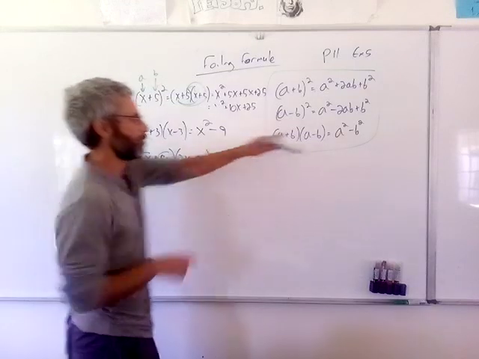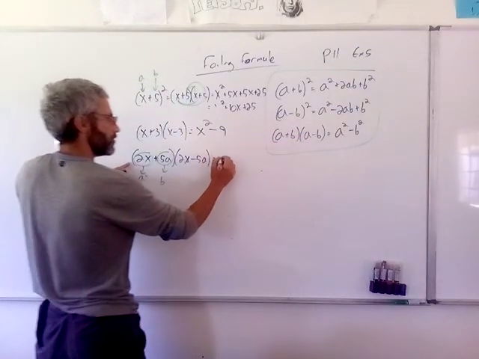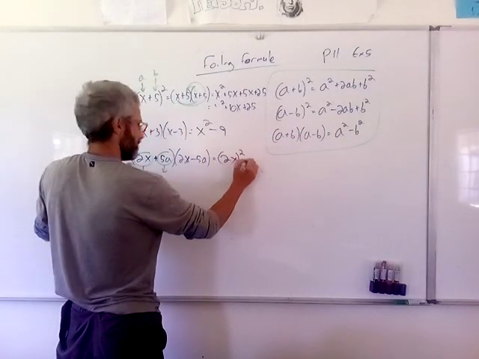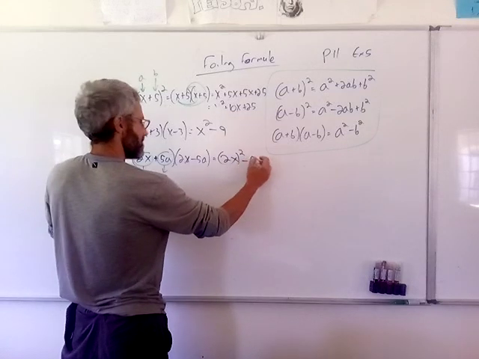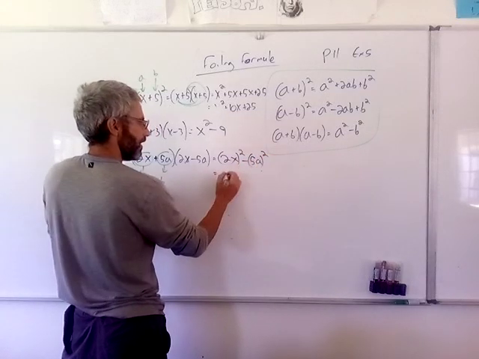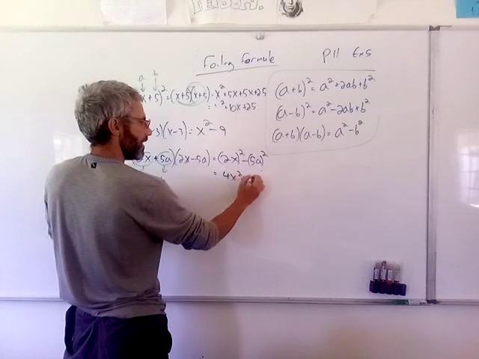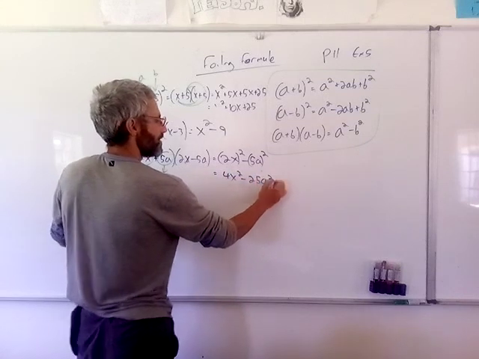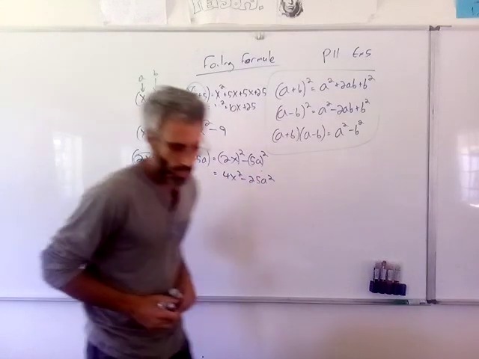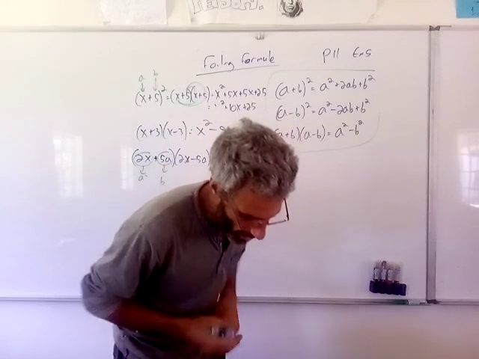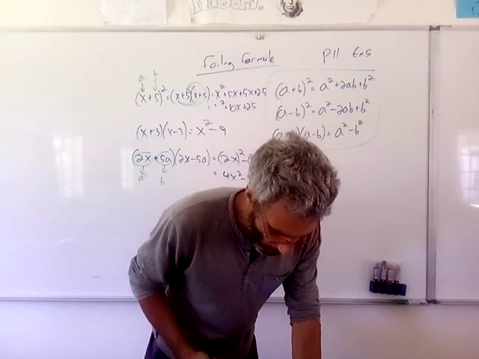So again, the answer will be a squared minus b squared, so it's going to be 2x squared minus 5a squared. And that will be 4x squared minus 25a squared. Okay? Let's see if there's anything more interesting that I still need to do.